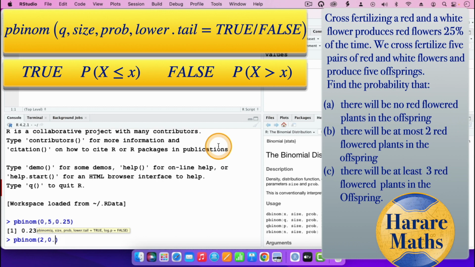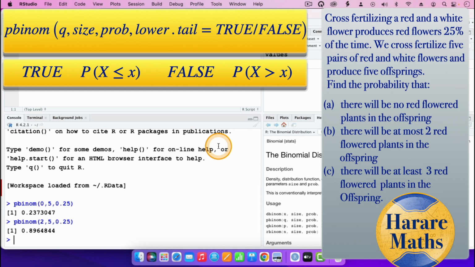I should have written the size there, so the size is 5, and then the probability comes after that, 0.25. If I press enter, it gives us that the probability that X is less than or equal to 2 is 0.8964844.